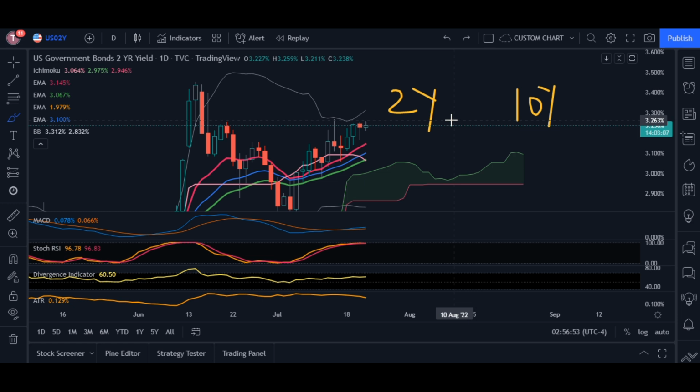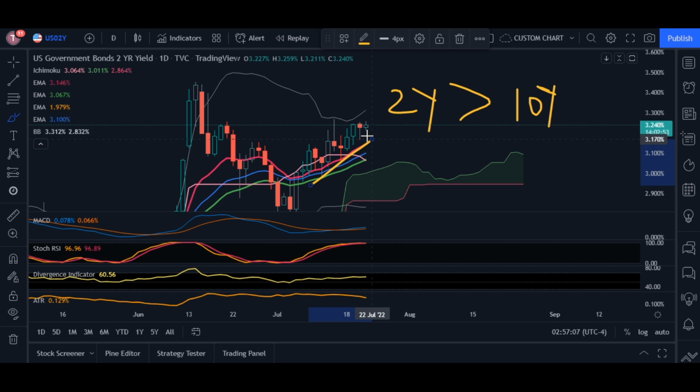Now what is happening is that the 2-year bond yield is more than the 10-year bond yield. And now this is constant, for the last many days the 2-year is continuously more than the 10-year bond yield.